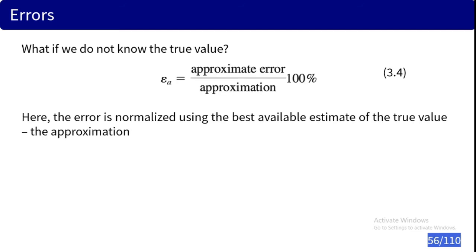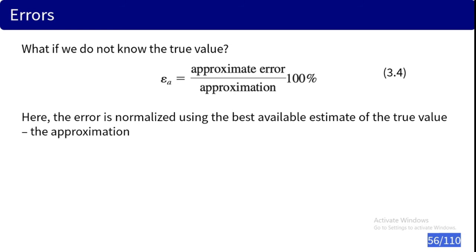What if wala ta kabalo sa exact value? Usa atong buhaton sa atong mga approximation. So diri na magamit nato ang approximate error. So relative approximate error, no? So represented by equation 3.4, relative approximate error is equal to the approximate error over approximation times 100%.